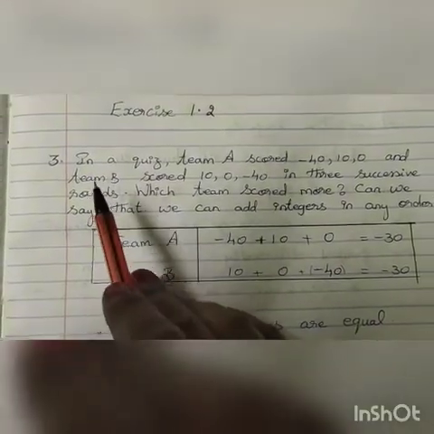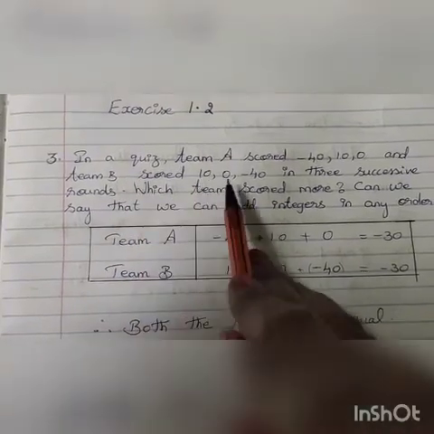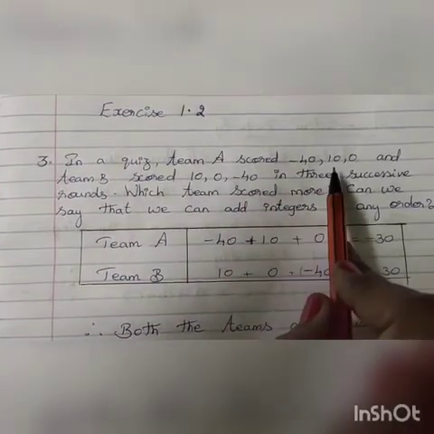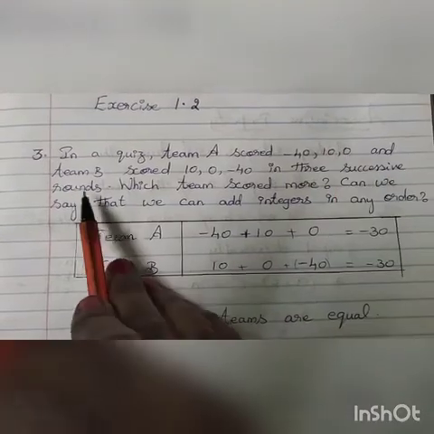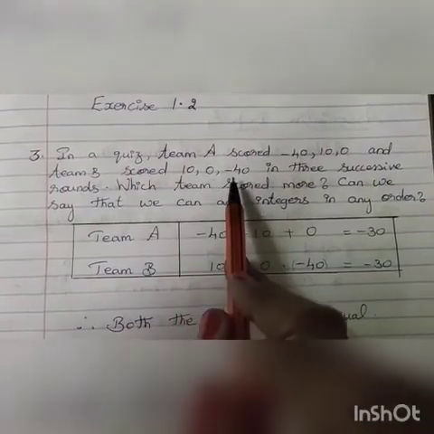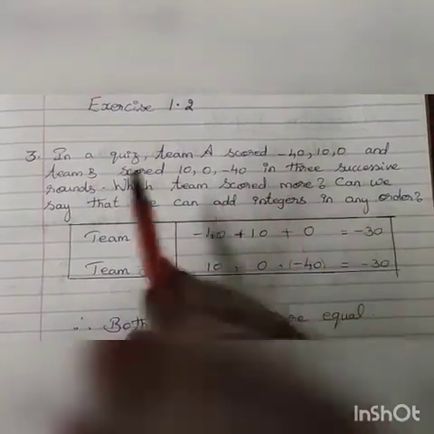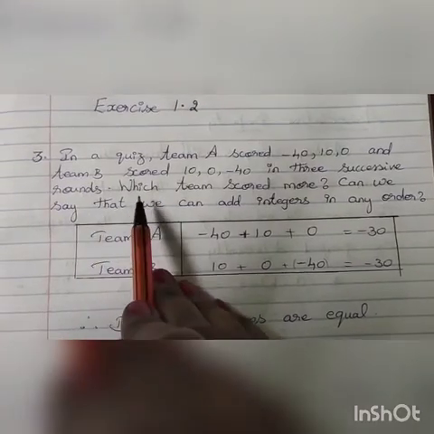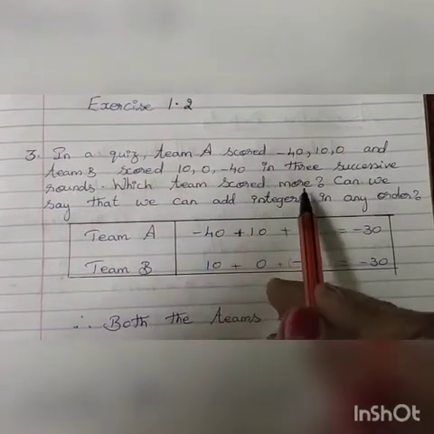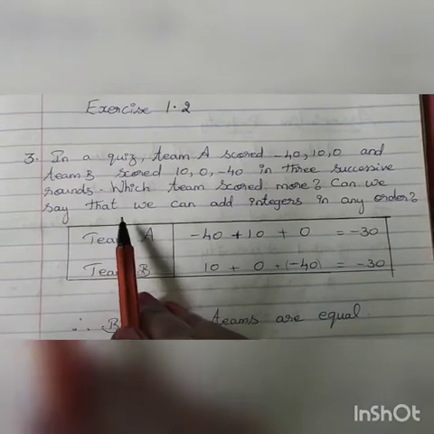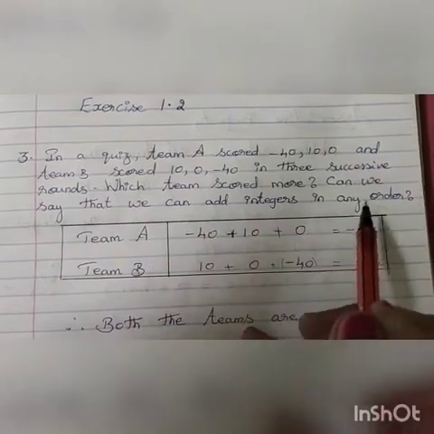And third sum: in a quiz, team A scored minus 40, 10, 0 and team B scored 10, 0, minus 40 in 3 successive rounds. Which team scored more? Can we say that we can add integers in any order?